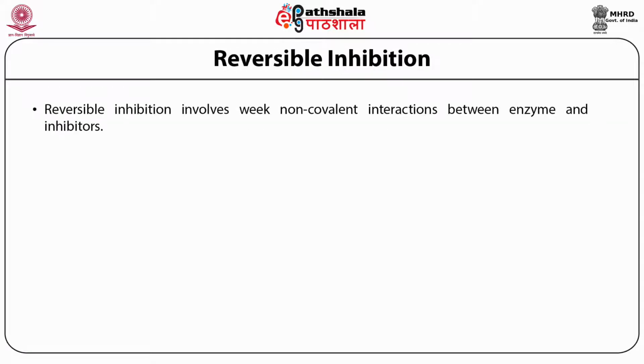Reversible inhibition. As the name suggests, you can reverse this inhibition. So when you are talking about reversibility, that means we don't have any permanent interaction between the reversible inhibitor and your enzyme.